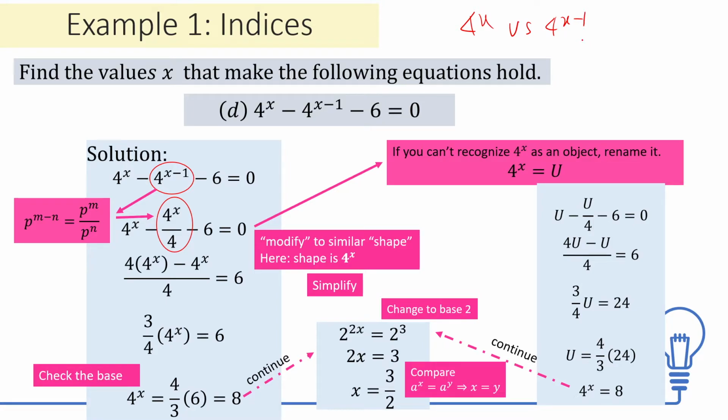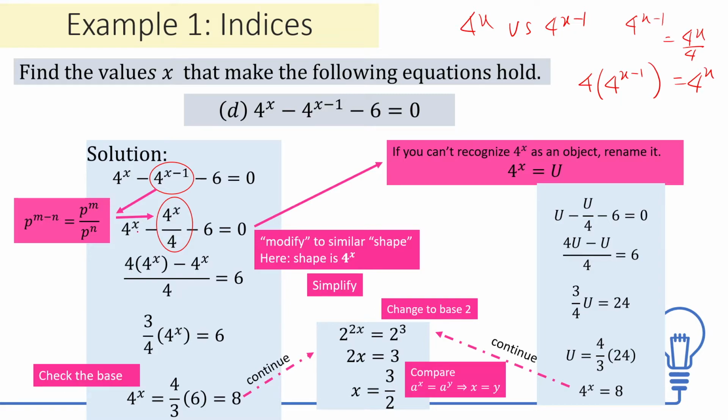It is quite difficult to change 4^x into terms of 4^(x minus 1), and it is more confusing, so that's why we always change 4^(x minus 1) into 4^x. How? 4^(x minus 1) is actually 4^x divided by 4.